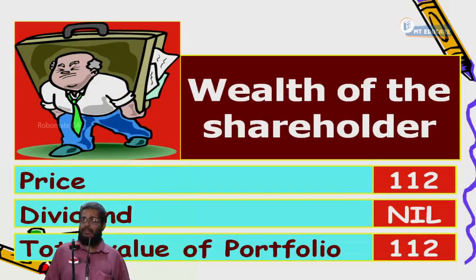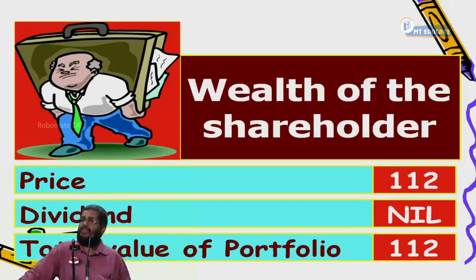Under no dividend, the share price: he is holding an investment. What is the price of the investment? 112. Share price 112. Dividend received is 0. Portfolio value.